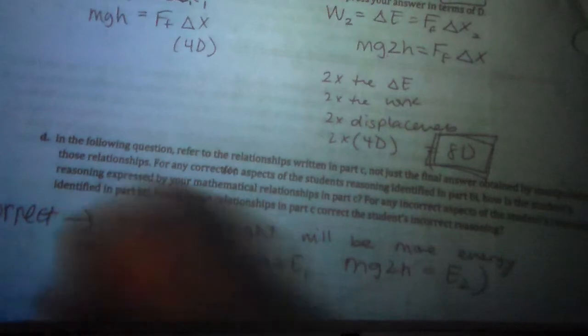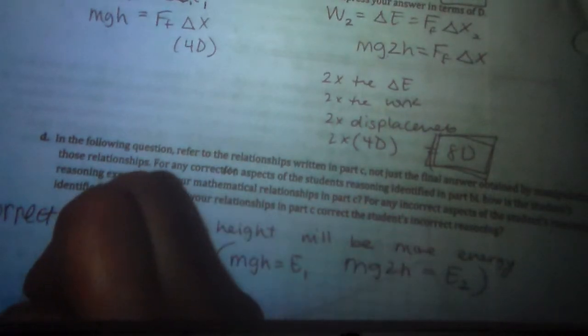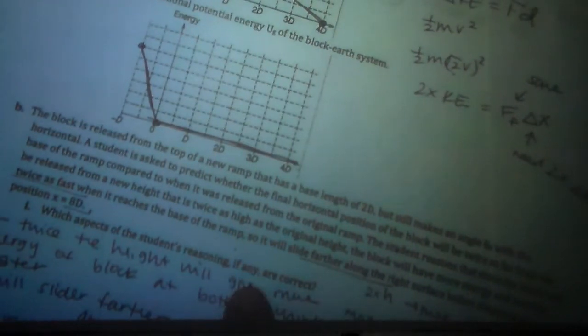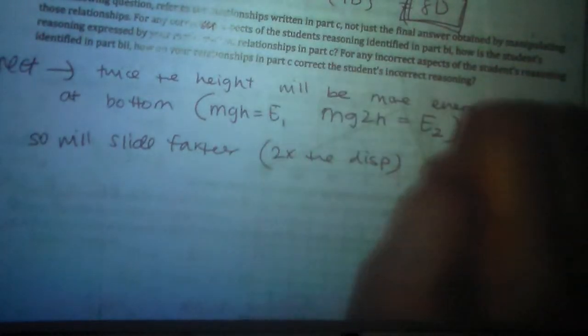That will be moving faster, which will be, what did we say was correct? I can't remember. That will slide farther along before stopping at 80. So will slide farther, 2 times the displacement, to end at 80.